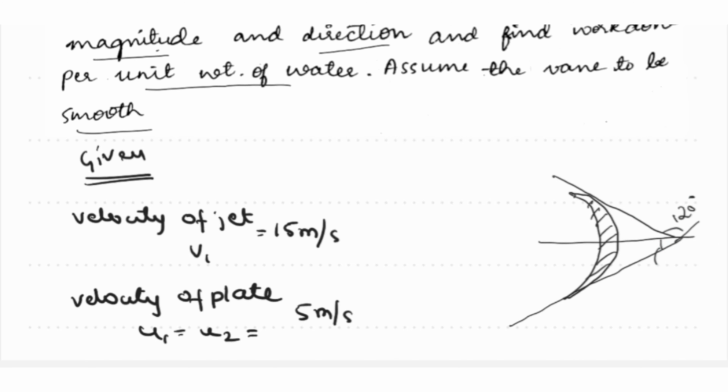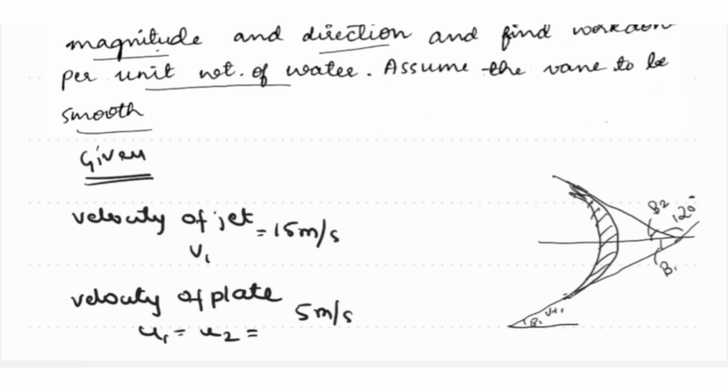This angle is beta 1 and this angle is beta 2. Whatever line we draw along this vane angle line, that is VR1, and this angle and this angle will be the same. So this angle will be beta 1.